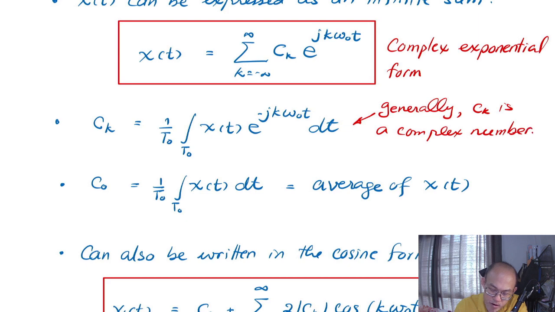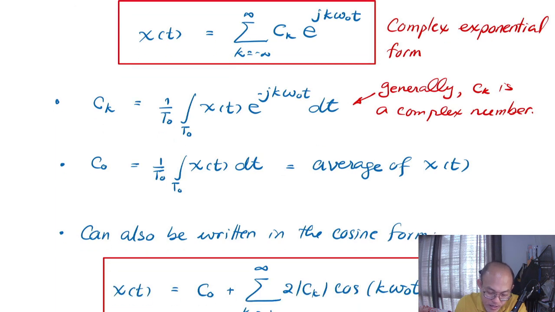Now, there's a situation where ck is a real number. Specifically, if x(t) is an even function, then ck will be a real number without any imaginary part. On the other hand, if x(t) is an odd signal, then ck will not have a real part, and will only be an imaginary number. So let me write that down.